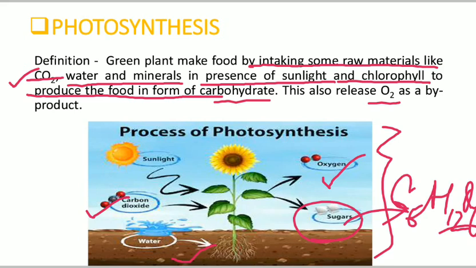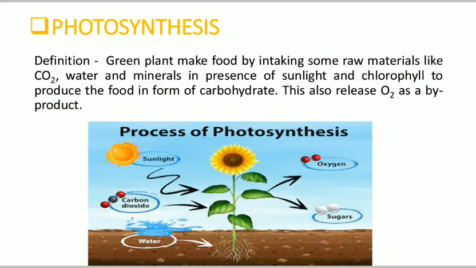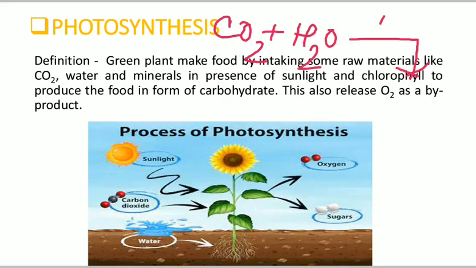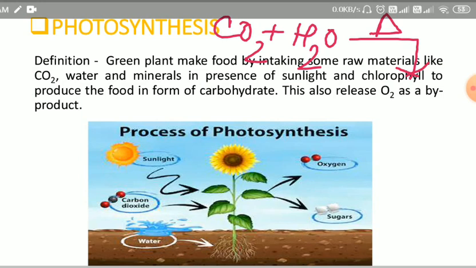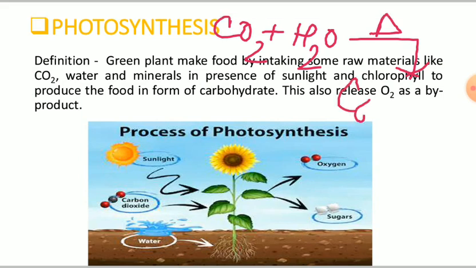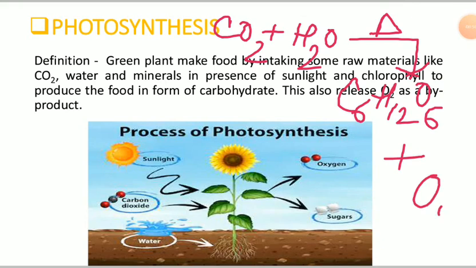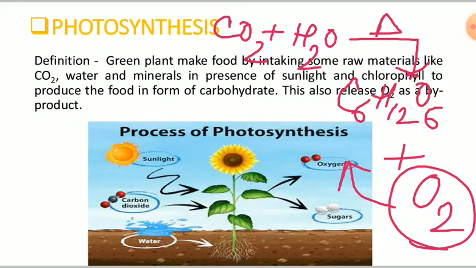So what will be the ultimate equation of photosynthesis? Carbon dioxide which is absorbed from the atmosphere, as well as water and minerals, then the plant will have sunlight, and in the presence of chlorophyll they will produce C6H12O6, that is the carbohydrate, and they will also produce oxygen, which they release into the atmosphere again, and which is helpful for us and all other organisms other than plants, right?